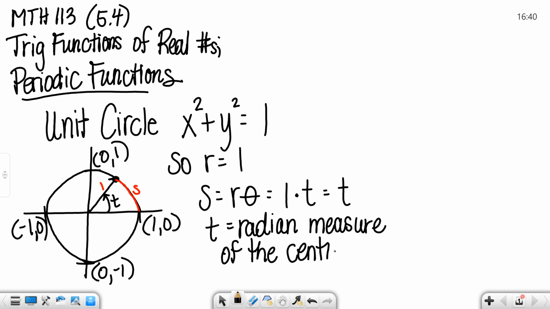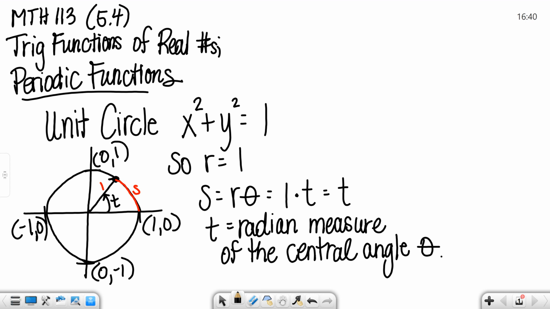It is a central angle. All that means is the vertex is at the center. And our central angle that we usually work with, we usually call it theta, and we're just saying we're calling it T. It's just a different notation that my math lab uses. So I wanted to explain where that even comes from.